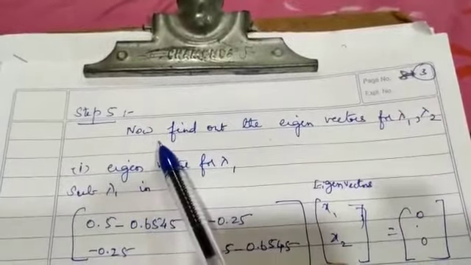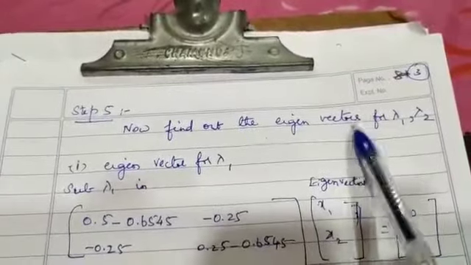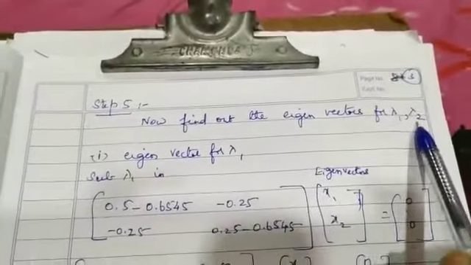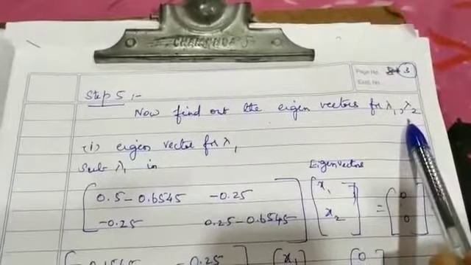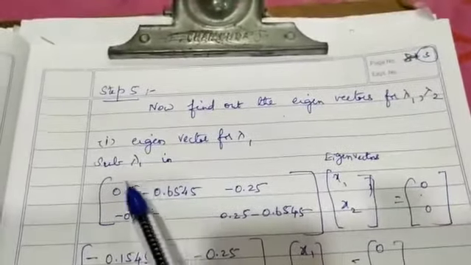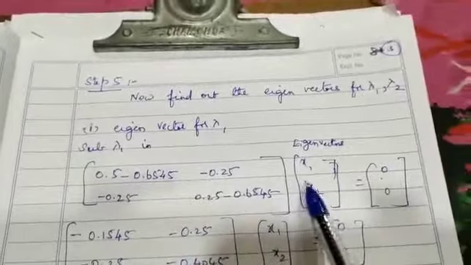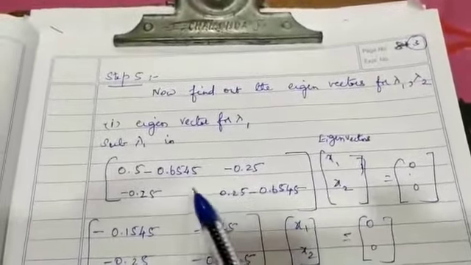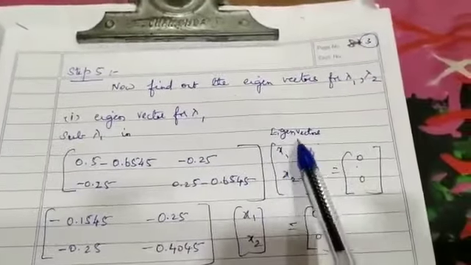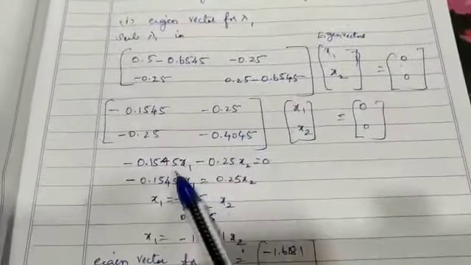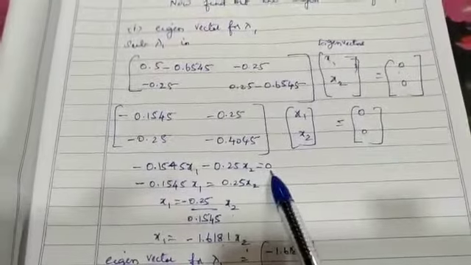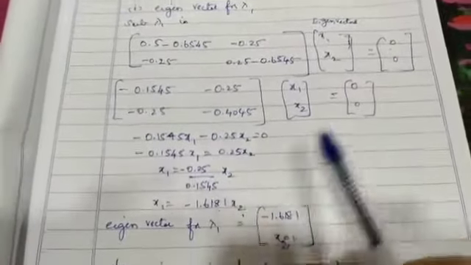The next step, number 5, is to find the eigenvectors for lambda 1 and lambda 2, which are the eigenvalues that we calculated in step number 4. Substitute lambda 1 into the expression A, that is on the previous page, and we write the eigenvectors as x1 and x2 in this form. Now you can calculate the values of x1 and x2 from this matrix calculation.